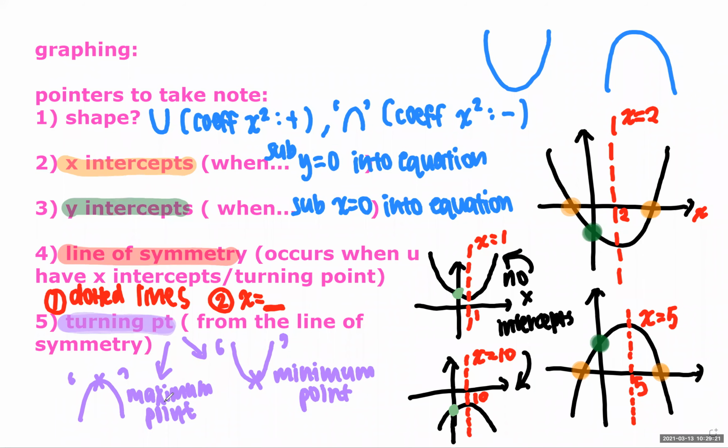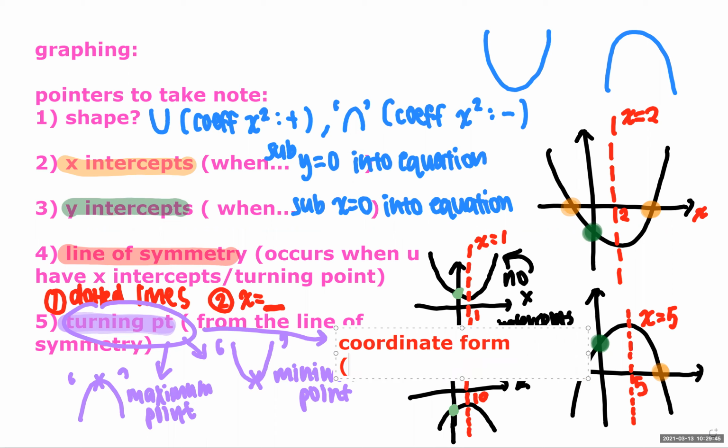Okay, so turning point is always in a coordinate form. Turning point, guys, see here, is always in a coordinate form. So I'm going to write it down. When it's a coordinate form, I'm talking about bracket x, comma, y.